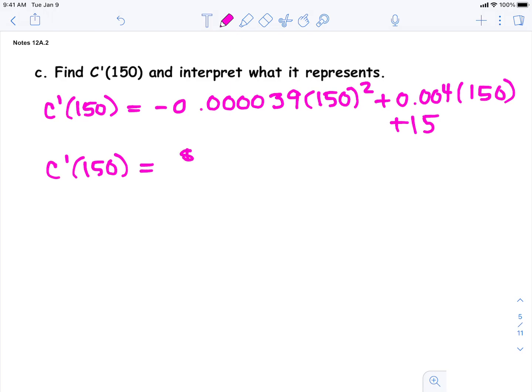And we get 14.72. What that represents is the cost per item.